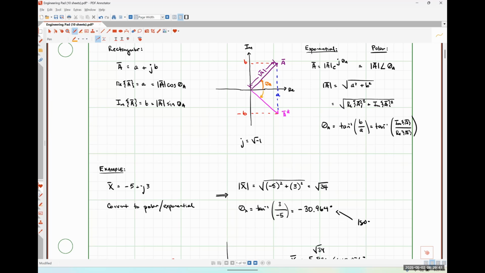So essentially, if I change the sign on the imaginary portion, it is the exact same thing as changing the sign on the angle, right? The magnitude is going to stay the same because b and negative b have the exact same length. They're just in different directions. A didn't change, so that angle magnitude stays the same, but instead of being in quadrant 1, it's now in quadrant 4, which means it's just negative theta a.